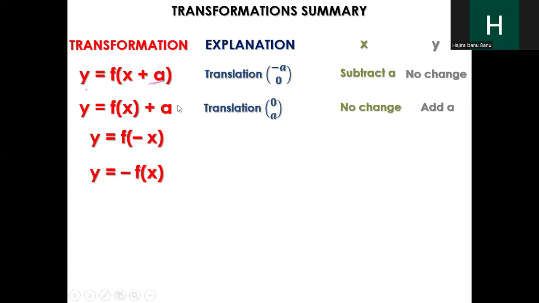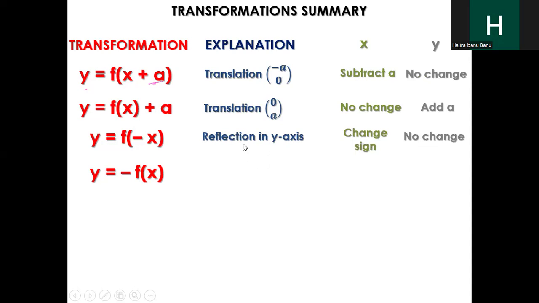If it is outside the bracket, the translation vector is (0, a). There will be no change in x, but there will be addition in y. So here you are not going to do anything opposite, you are going to do the same. When it is f of minus x, reflection in y-axis, change the sign of only the x value, don't change y.